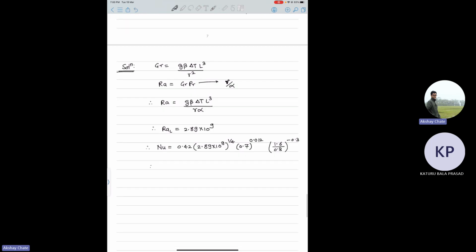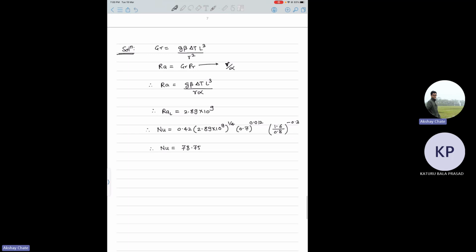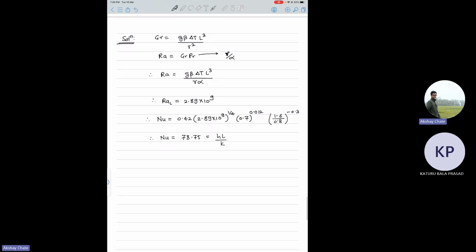If you calculate all these numbers, you should get around 878.75 as the Nusselt number. And we all know that this will be hL by k. So if you simplify further, you'll get 12.79 watt per meter square Kelvin.